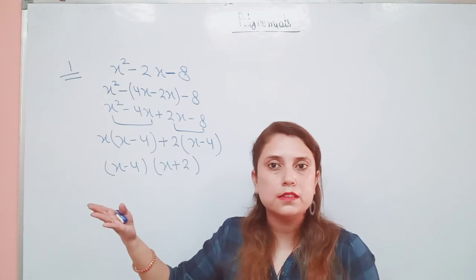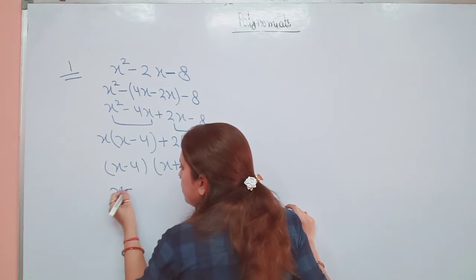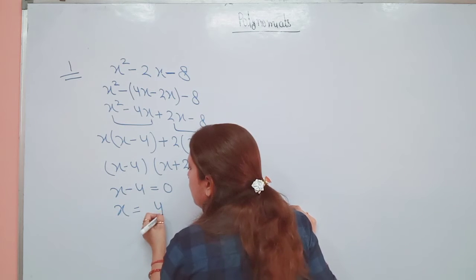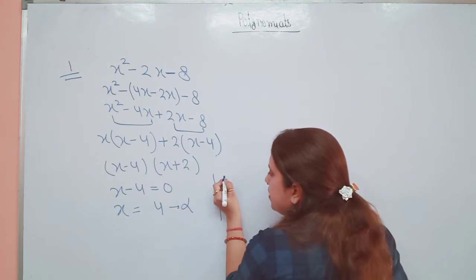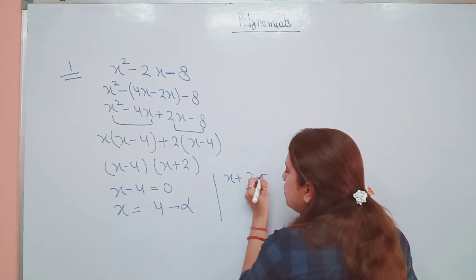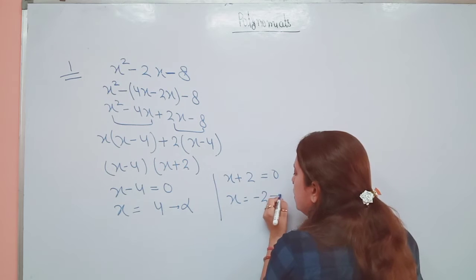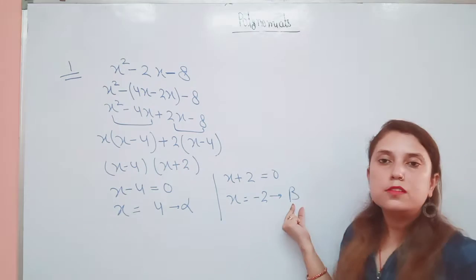How did we find zeros? We equate with 0. So x minus 4 is equal to 0. It means the value of x is 4. Let it be alpha. Now second, x plus 2 is equal to 0. So the second zero will be minus 2. This is beta. 4 is alpha and minus 2 is beta.